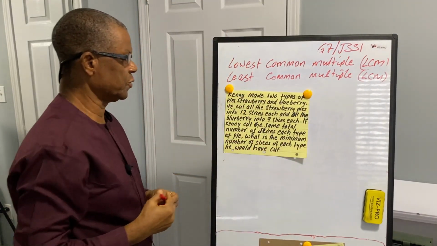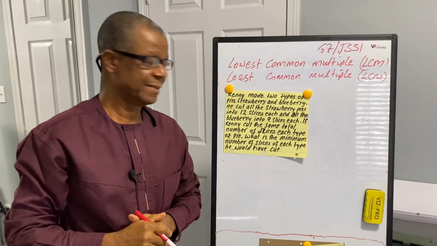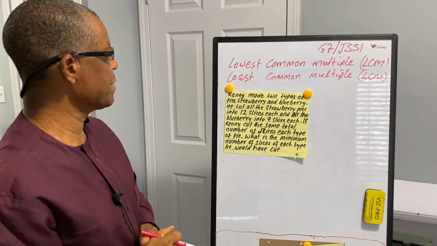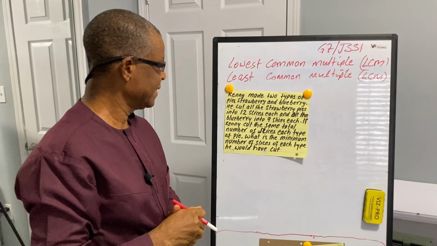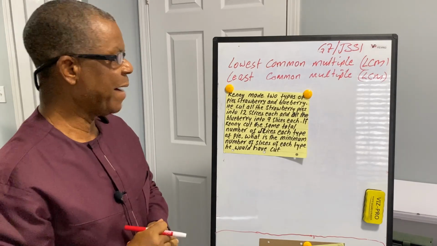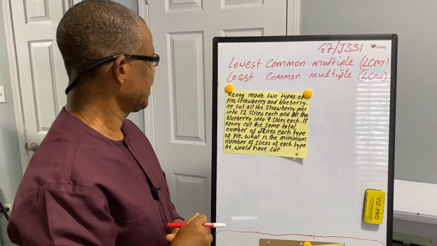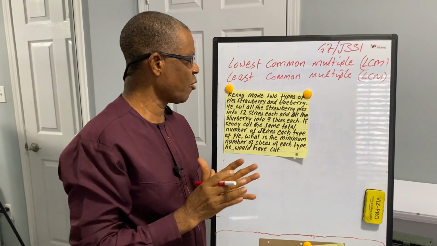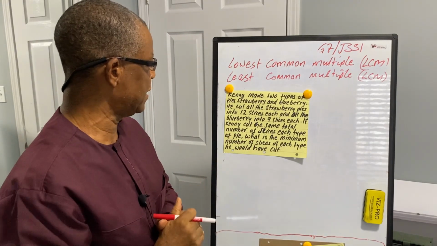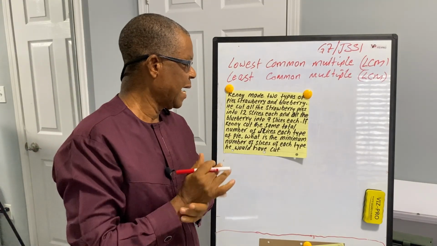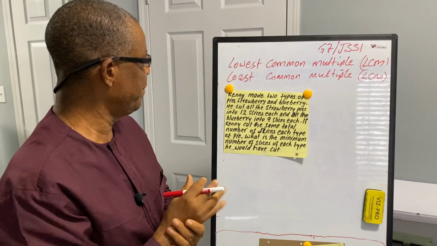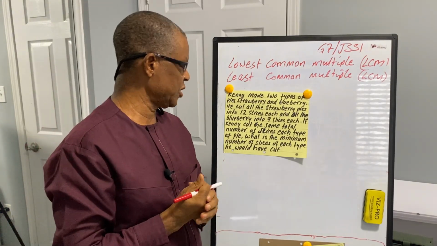Here we are told that Ken made 2 types of pies, strawberry and blueberry. He cut all the strawberry pies into 12 slices each, and all the blueberry into 9 slices each.